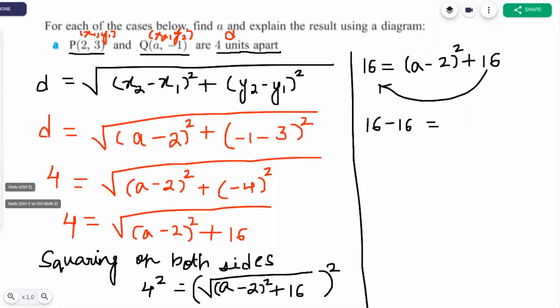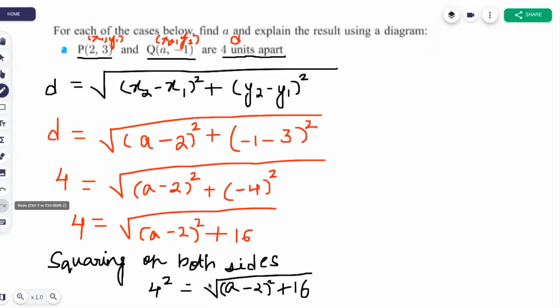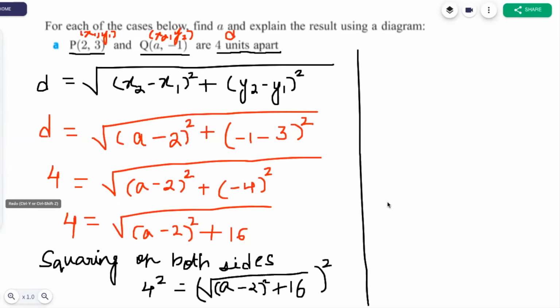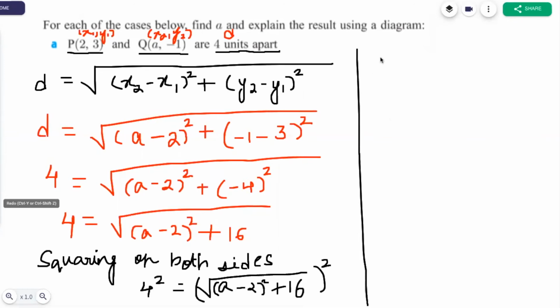Once again, I just want you to be super clear with the concept. To solve this question, you need to understand what is the meaning of root. Meaning of root is power half. Do you agree? Suppose I have square root of x. It also means x power half. Right?